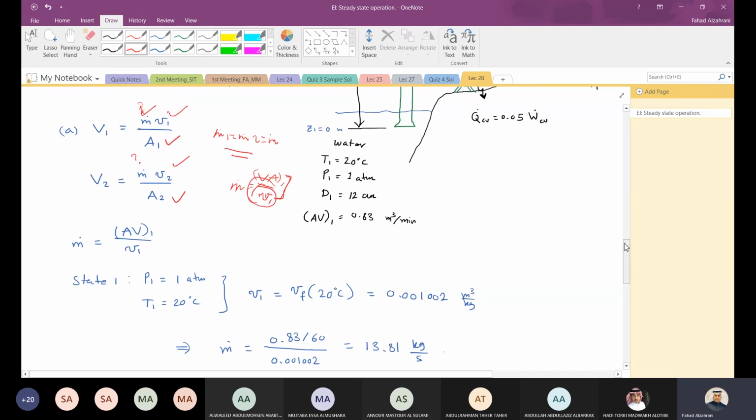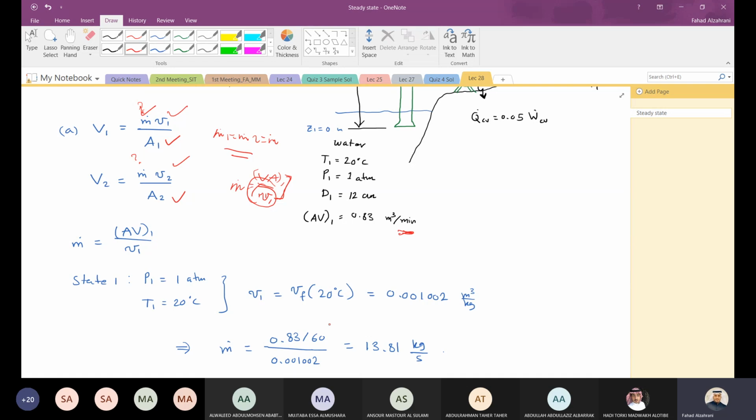So at state 1, I have pressure and temperature. I can find the specific volume, which can be approximated at the saturated liquid state at 20 degrees Celsius, which is 0.001002 meter cube per kilogram. Divide the volumetric flow rate. I divide by 60 here to get seconds to be in SI units. Please, ya shabab, be careful. Even the exam today, be careful with the units.